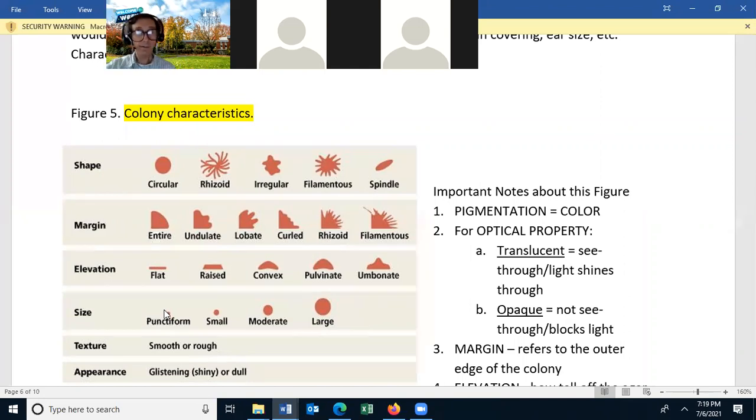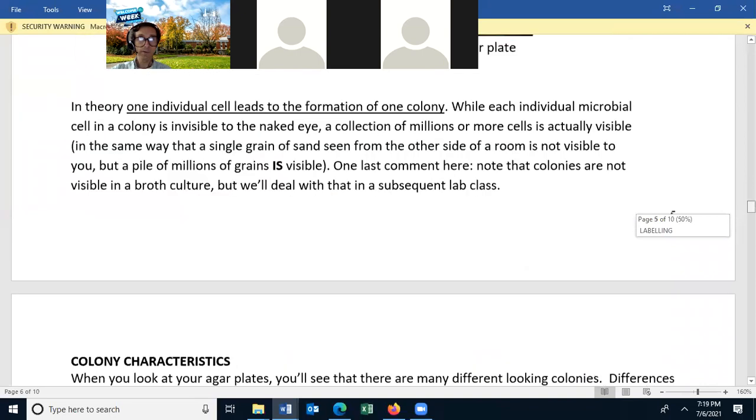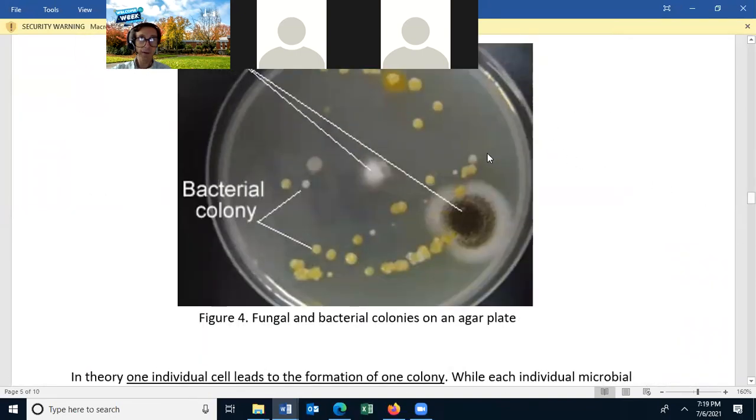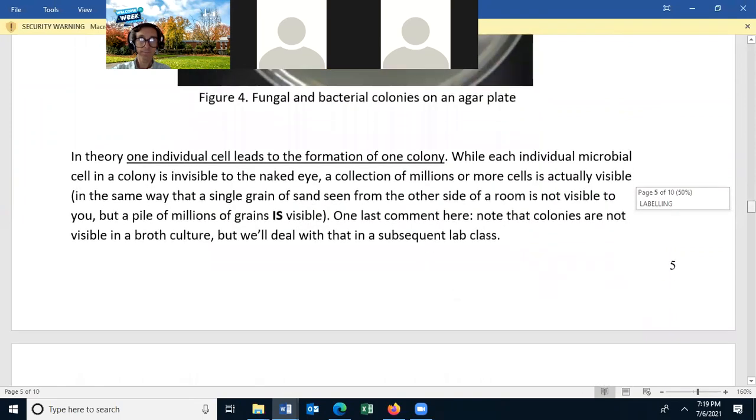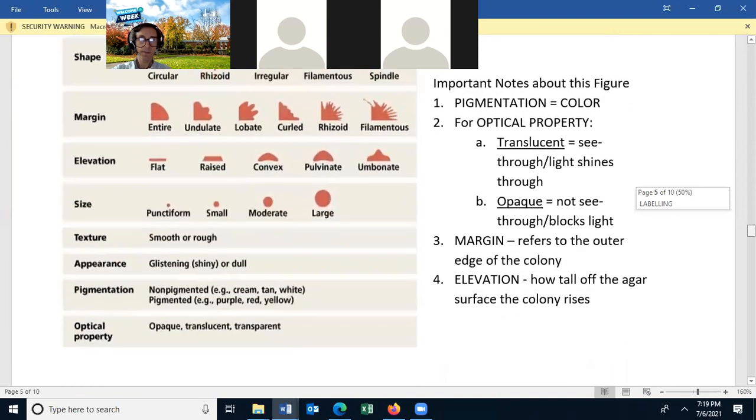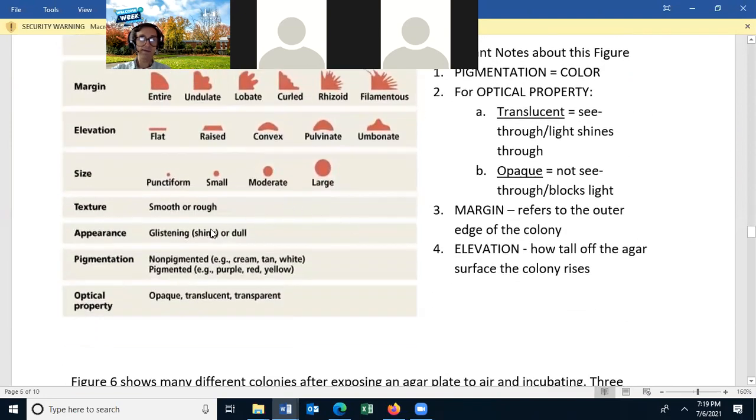You can look at the colony and say whether it's smooth or rough. So when we look at this picture here, we would say that colony is smooth. Glistening, that's whether it's shiny or not, and the one I showed you was shiny, or whether the colonies are dull. You can also say whether the colony is pigmented or non-pigmented.